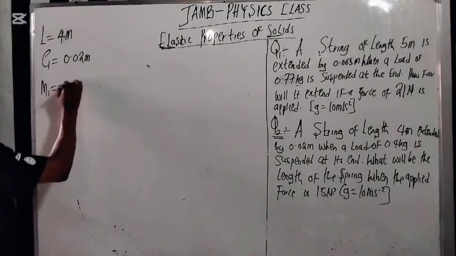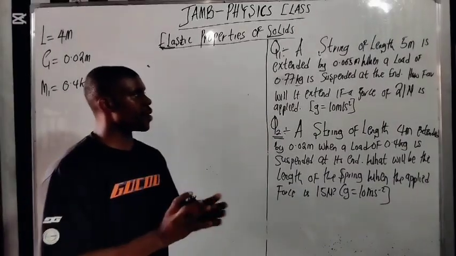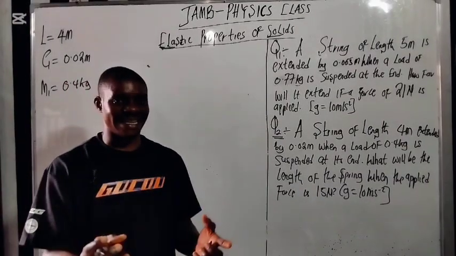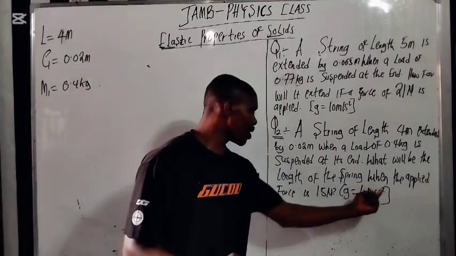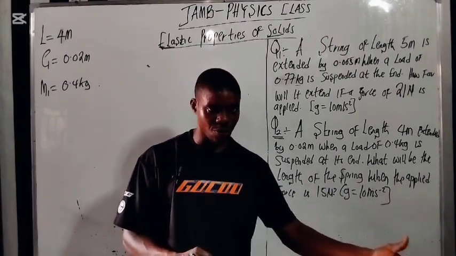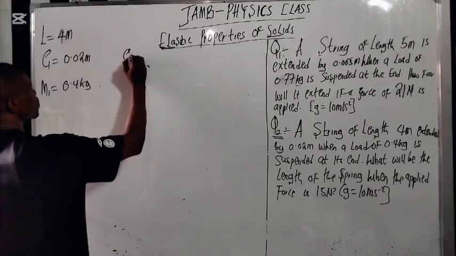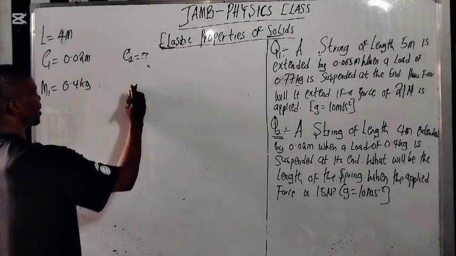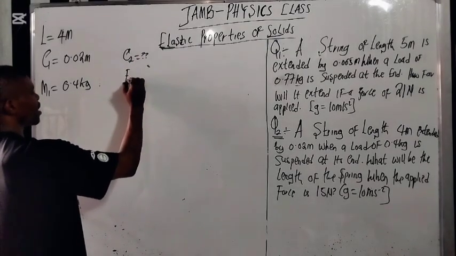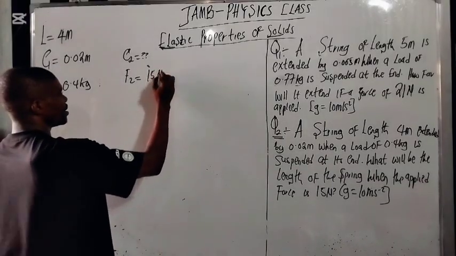Now, for me to be able to calculate the length when the force was applied, I need to calculate the second extension, E2. We don't know E2 here, but my force F2 is 15 Newton.